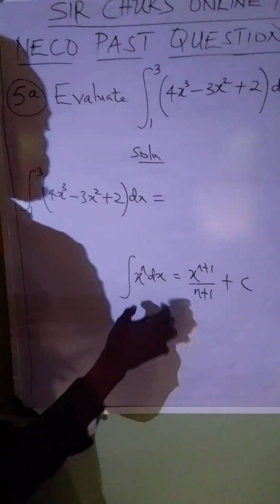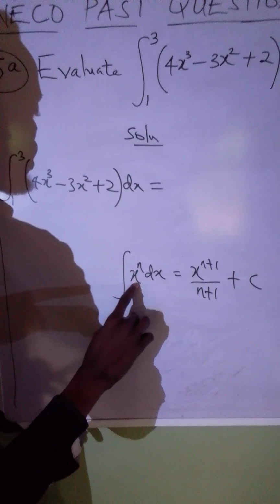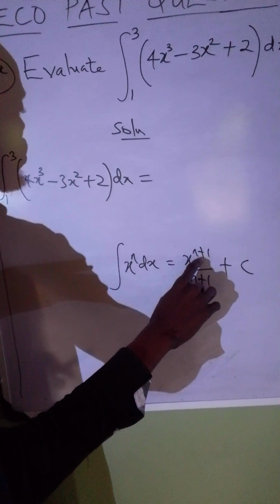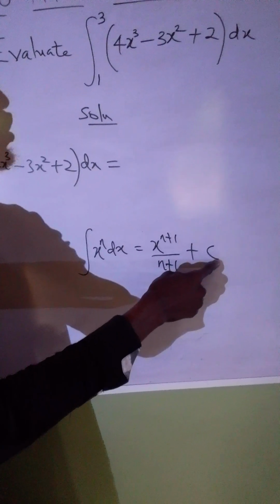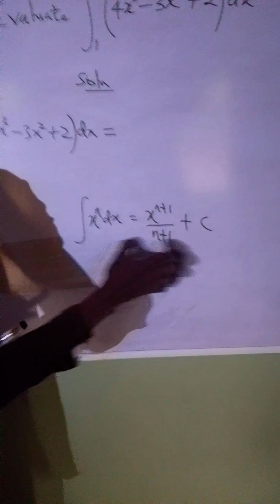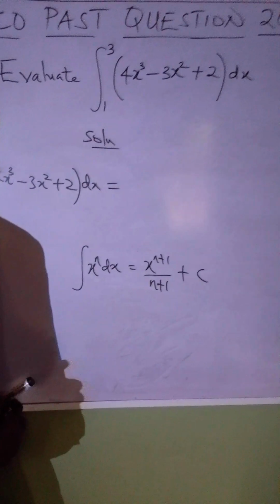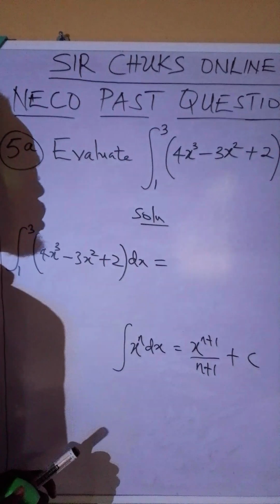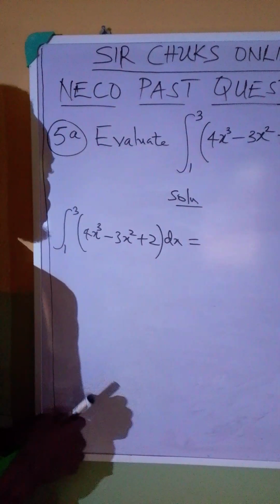So that means to integrate this function, I have to increase the power of x by 1 and then divide it by the new power, plus c. C is the constant of integration. Alright, so let me apply this general rule in integrating each of the terms in this function or integrand.